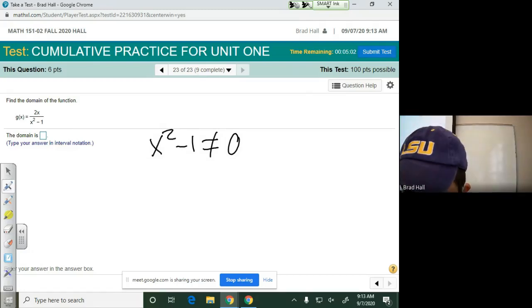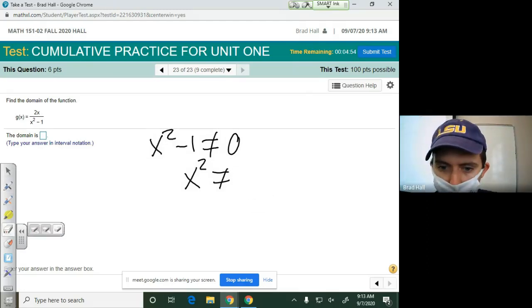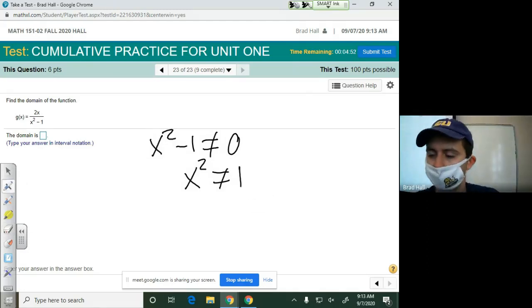So naturally, we can solve for x. Oops, that's not true. Naturally, we can solve for x and figure out what x values would make a bad situation.